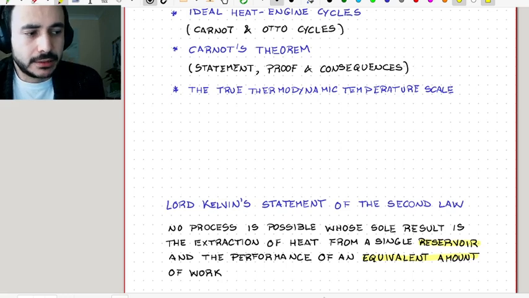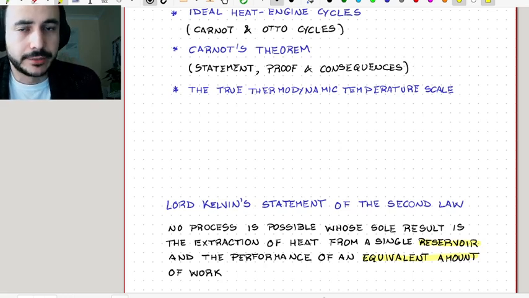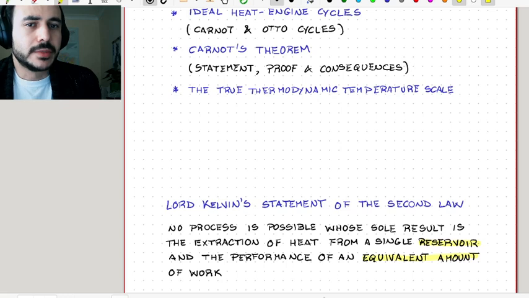And with this experiment of Joule, among others, it was established that there is a mechanical equivalent of heat. So actually calories can be transformed into joules, and they can be measured in the same units as work. But you see here in this statement, people were still talking as though heat and work were not really the same thing, but you can kind of transform one thing into the other somehow.